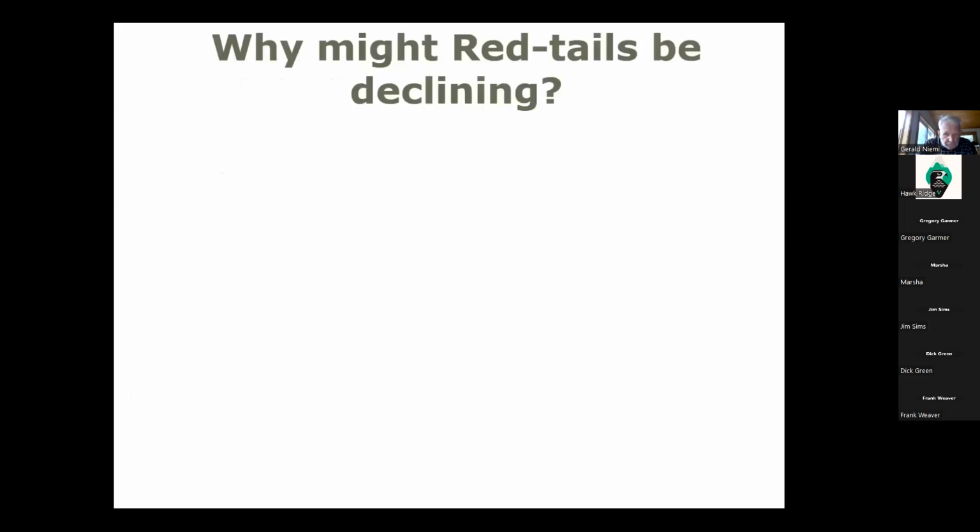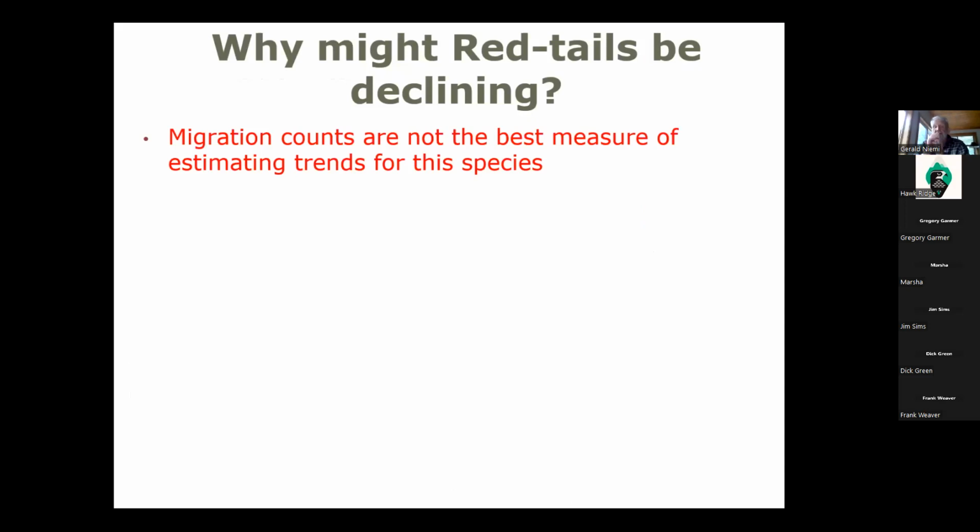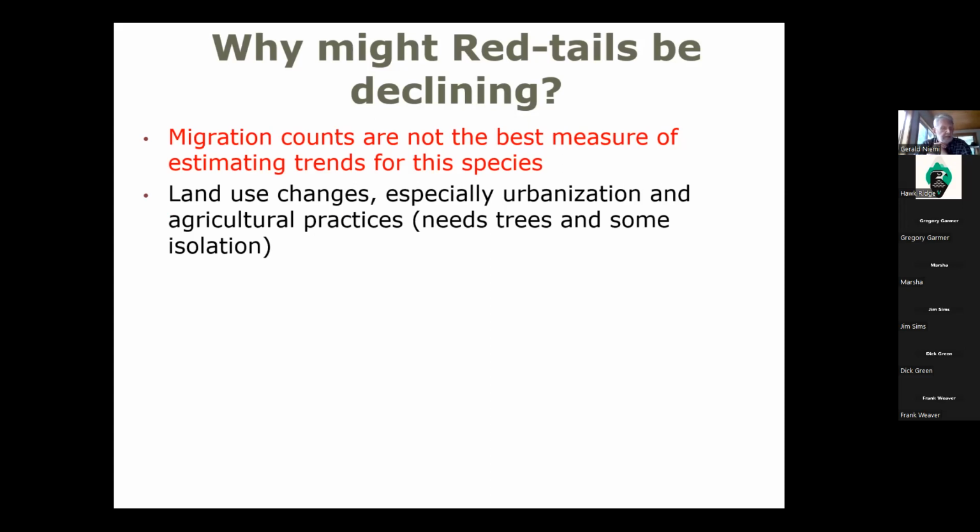But my first comment, so the question is why are red-tailed hawks declining. In my mind, the migration counts are not the best measure of estimating the trends for the species. We count a lot of them, but you'll see later on that the Breeding Bird Survey probably does a little bit better job in monitoring the species, and they've shown that they think the red-tailed hawk is actually increasing, at least in the US and Canada.